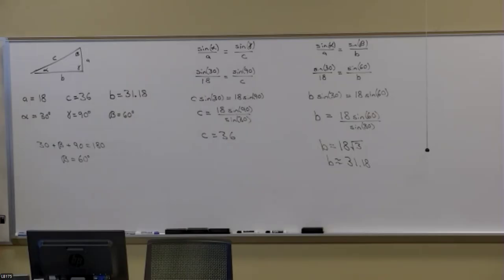Okay. Now it turns out we could have solved that same right triangle with the same initial information using our old tools like SOHCAHTOA and the Pythagorean theorem. Does that make sense?